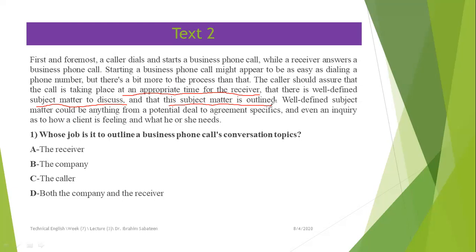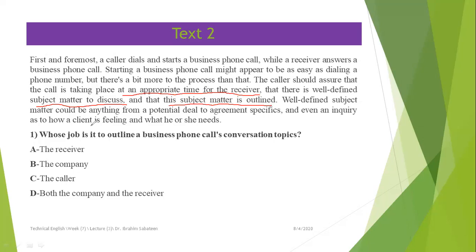Well-defined subject matter could be anything from a potential deal to agreement specifics, and even an inquiry as to how a client is feeling and what he or she needs.